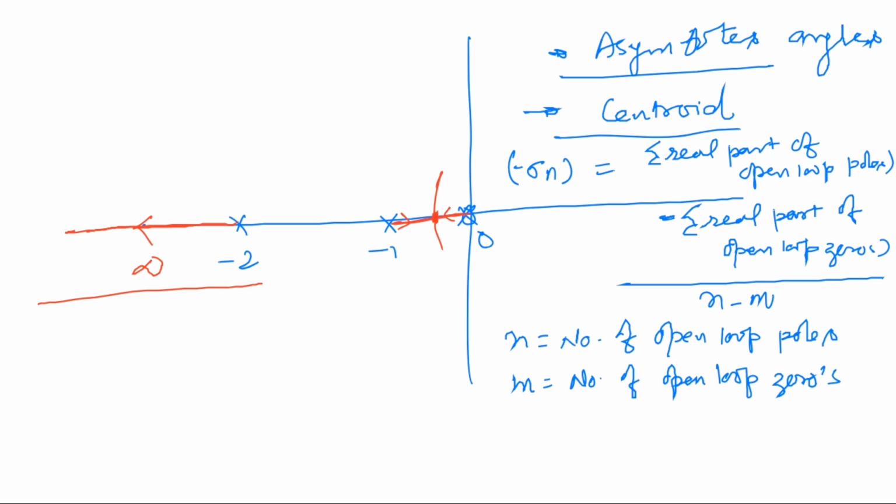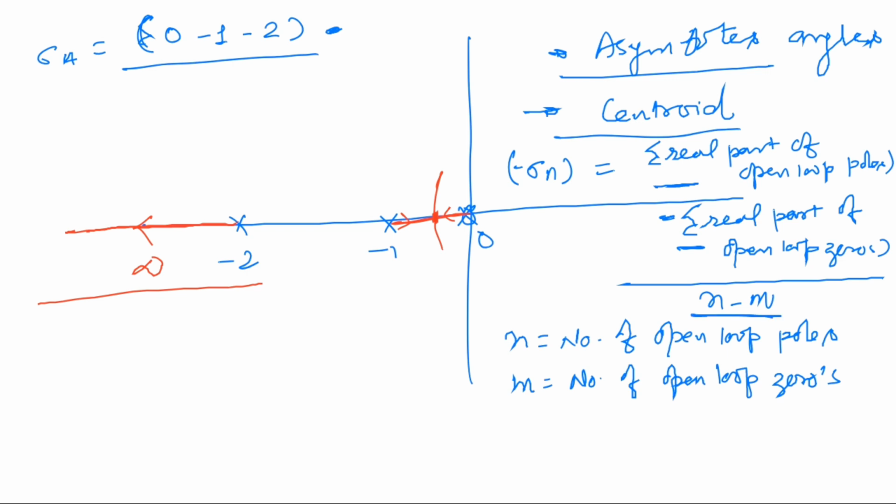From this formula, sigma A will be the summation of the real parts of the open loop poles. We have three poles over here: one pole at 0, another at -1, and the third at -2, minus the real parts of the open loop zeros, and there is no zero. This is divided by the number of poles minus the number of zeros.